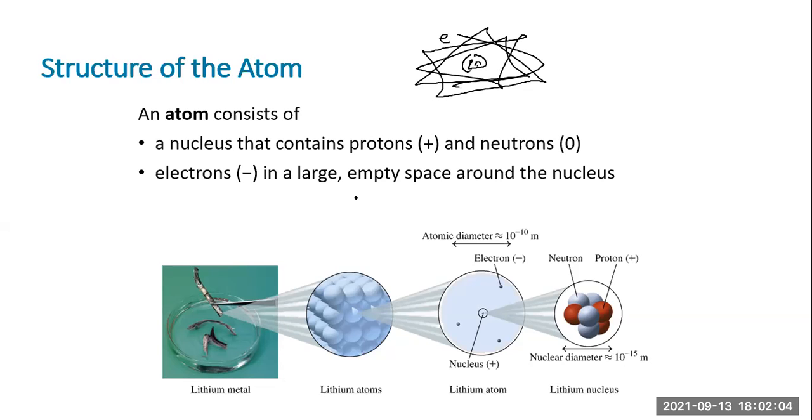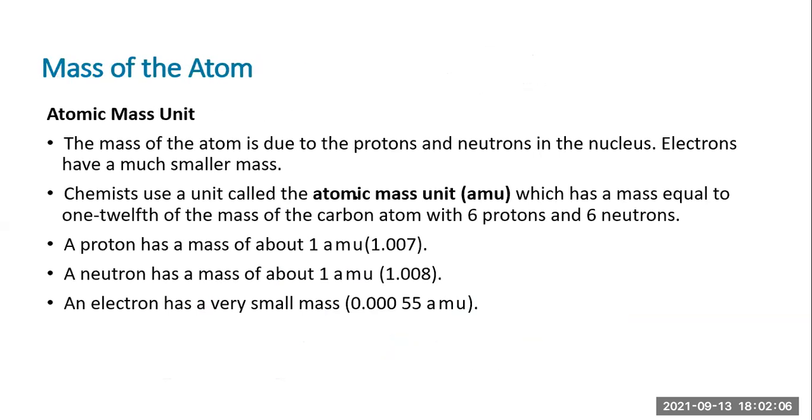Okay, then let us talk a little bit about the atomic mass unit and the mass of an atom. Atomic mass unit is sometimes abbreviated as AMU, as we see here. It has a mass equal to the mass of a carbon-12 isotope.